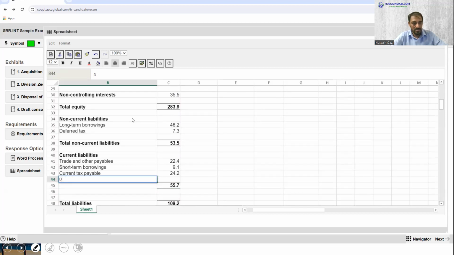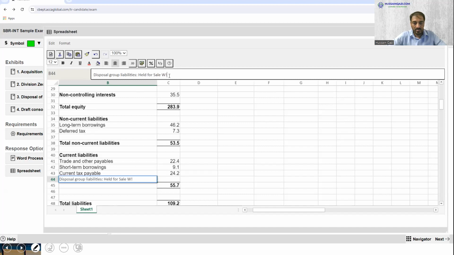Disposal group liabilities as held for sale. We need to mention working one.